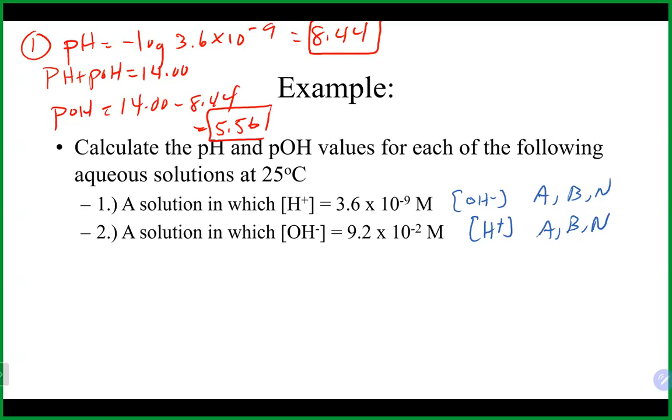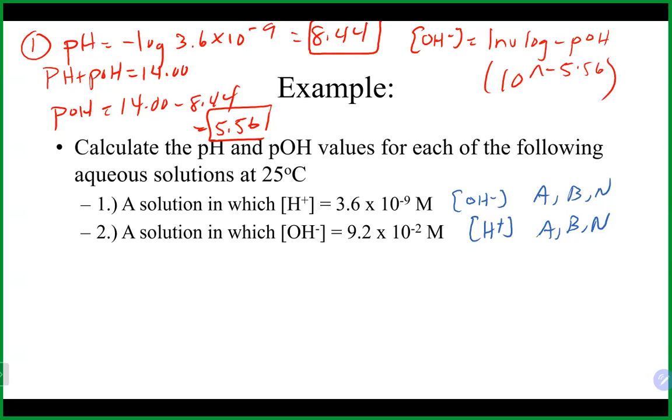Now that I have the POH, I could get the OH minus by taking, again, the inverse log of the minus POH. Again, on your calculator, that's going to be like a 10 and a caret probably, negative 5.56.